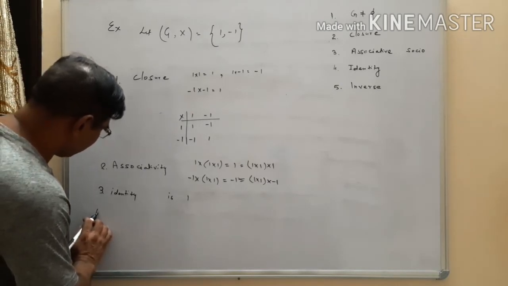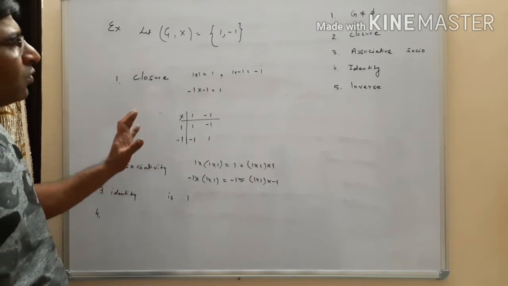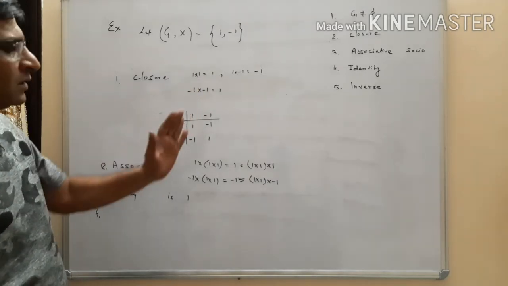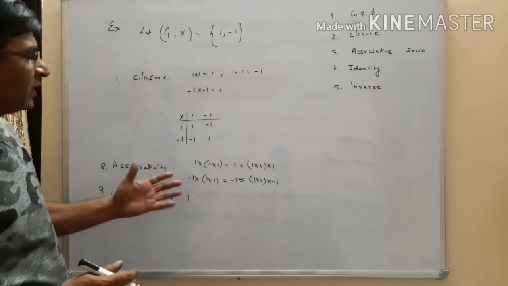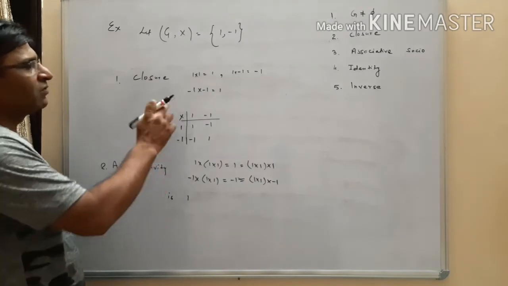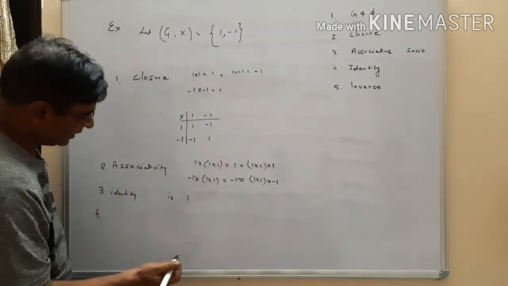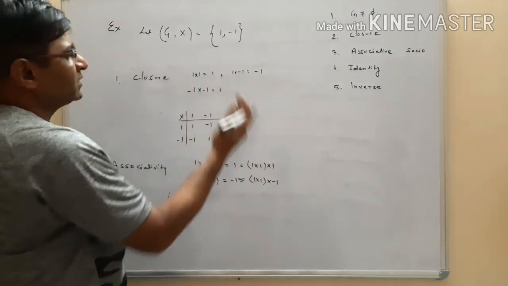Now come to the fourth. We check the inverse. That means for A there exists B such that if they are operated together, we get the identity. If I multiply 1 with 1, definitely I get 1. So the inverse of 1 is itself.